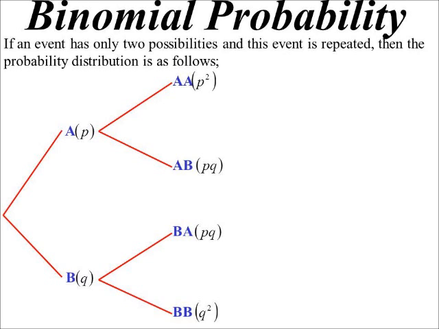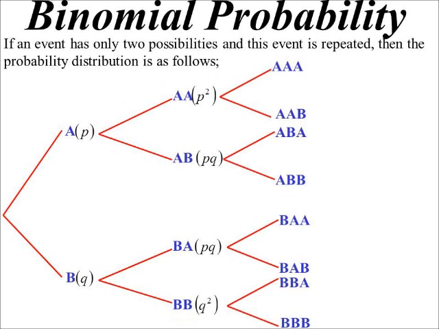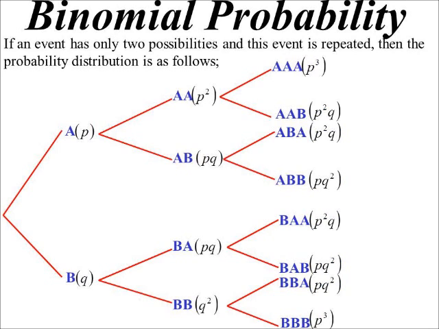Now this is where the binomial comes into it, because if you actually look at those terms, what have we got? We've got a P squared, we've got 2PQ, and we've got Q squared. If we were to repeat it again, so if it was AA to start off with, it would go AAA, and so on until we get to the last one, BBB, and the probabilities for each of those.